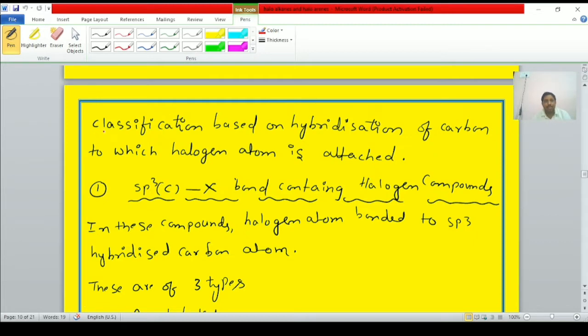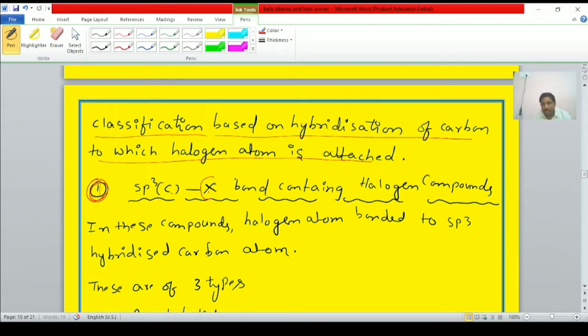Observe the writing, students. Classification based on hybridization of carbon to which the halogen atom is attached. First classification: sp3 hybridized carbon bonded to halogen atom.